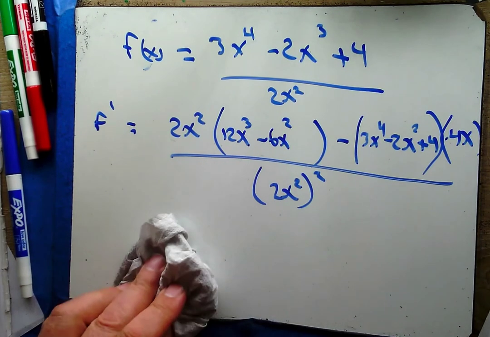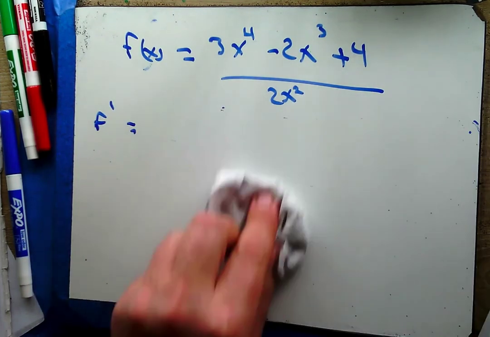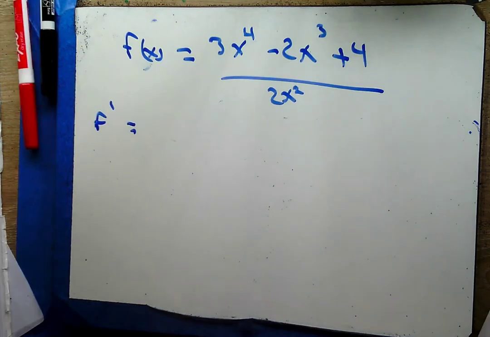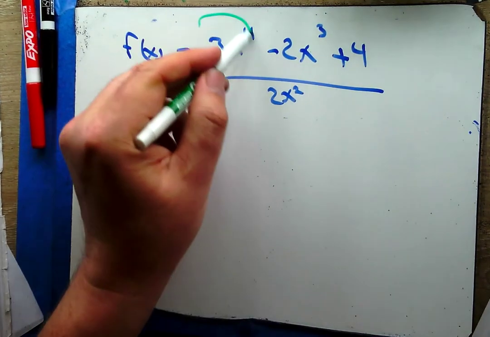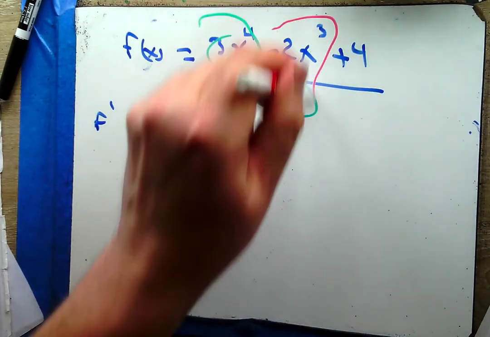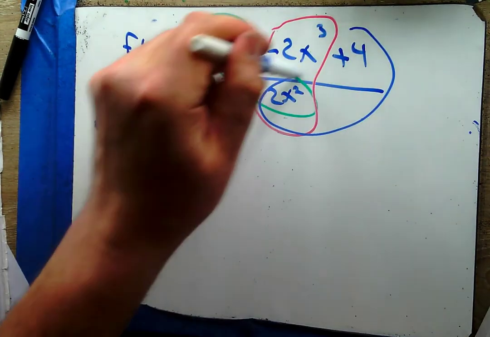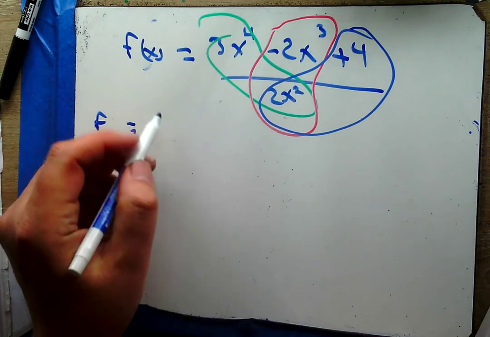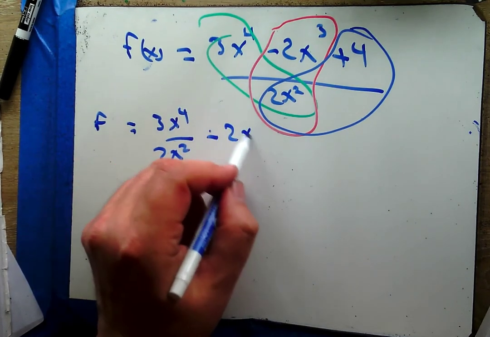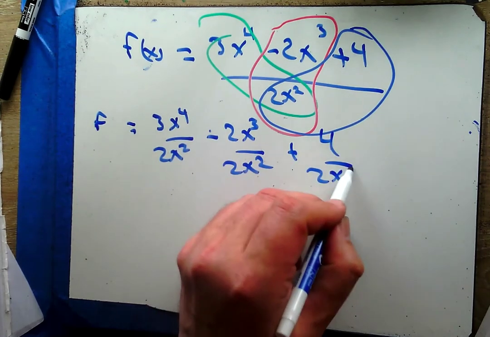Now, there is another way to do this problem, and like that other way of doing that problem so I didn't have to do the product rule, I could split this up into 3 fractions. And so now f of x is 3x to the fourth over 2x squared minus 2x to the third over 2x squared plus 4 over 2x squared.